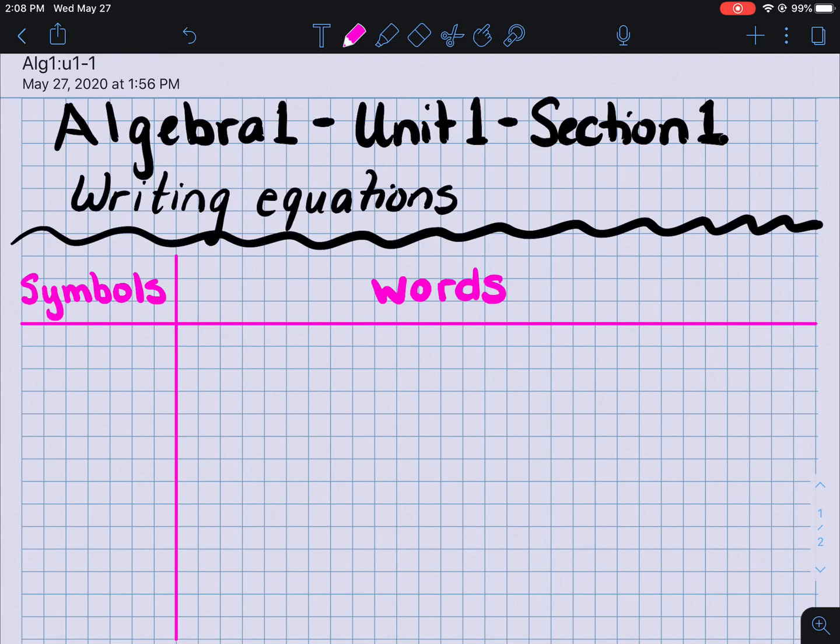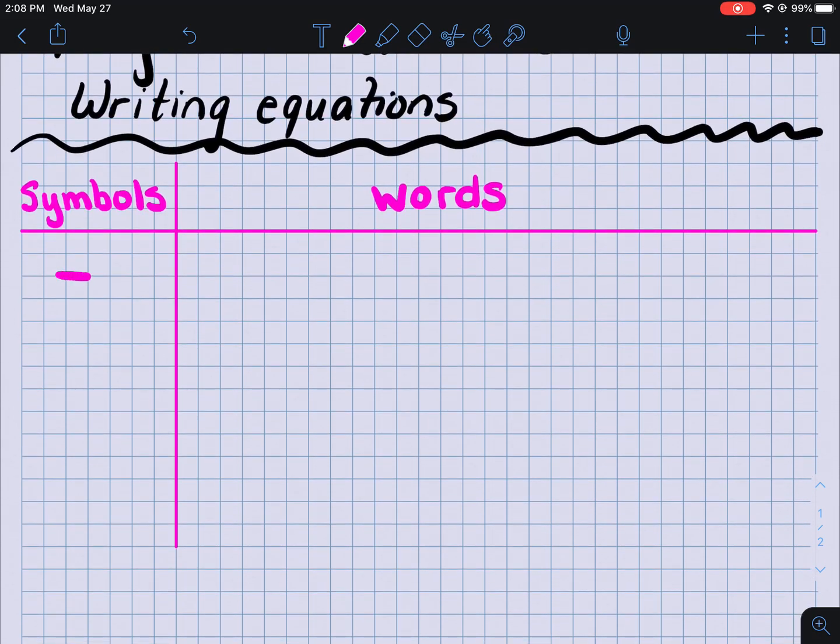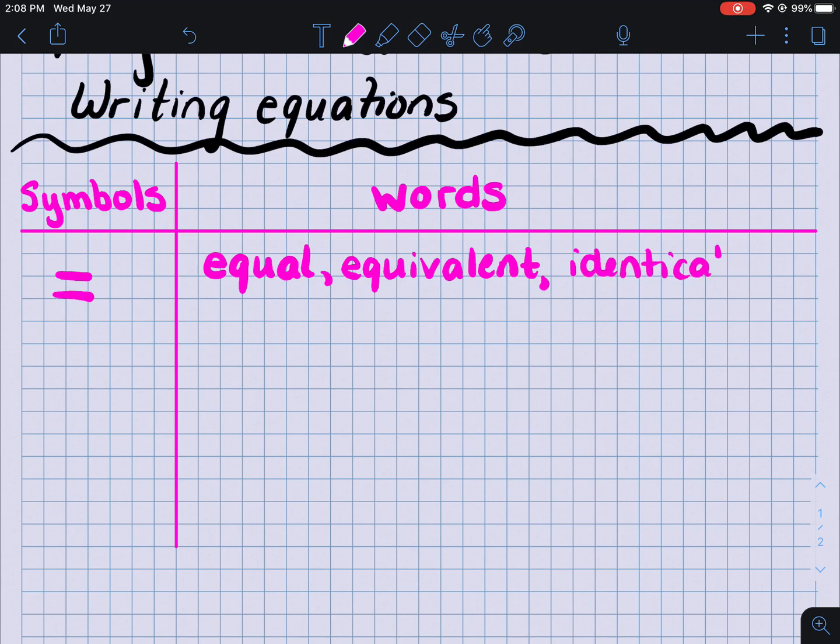Okay? So the first thing we're going to deal with is the equal sign. Now the equal sign, again, there's a lot of words that can go with it. Equal, equivalent, identical to, same, same as, and the word is.